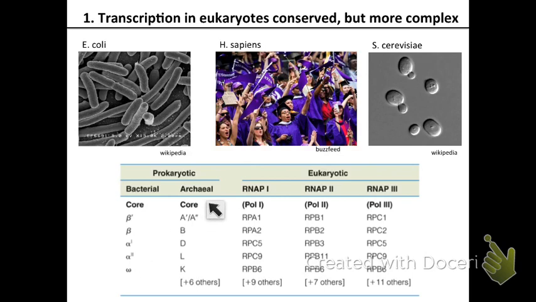If you look at archaea, you find the homologs of each of these subunits. And when you look at the eukaryotic RNA polymerases, 3 of which are the major RNA polymerases shown here, RNA pol 1, pol 2, and pol 3, you can find the homologs for each of these enzyme subunits, plus more subunits that are involved in the transcription process. So it's more complex. It has more proteins that do the job and additional jobs.